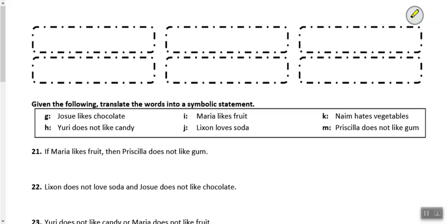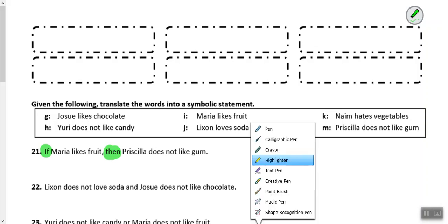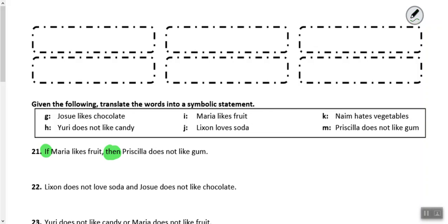So here's something that I notice. I see the word if, and I see the word then. So that means I'm going to have to use my arrow. Well, if what? So if Maria likes fruit, see, Maria likes fruit.